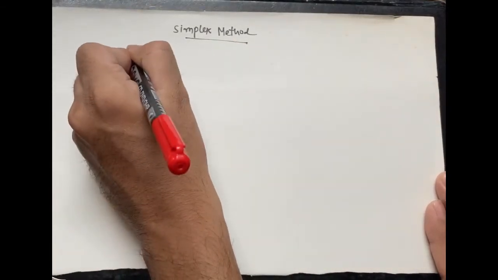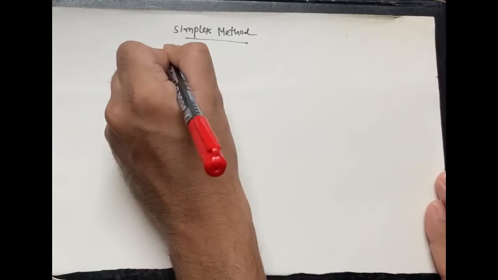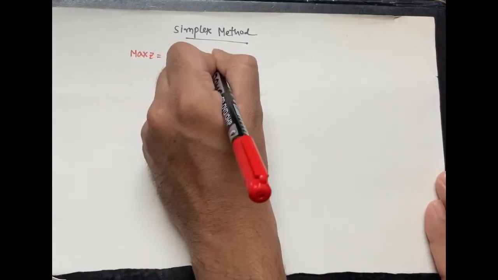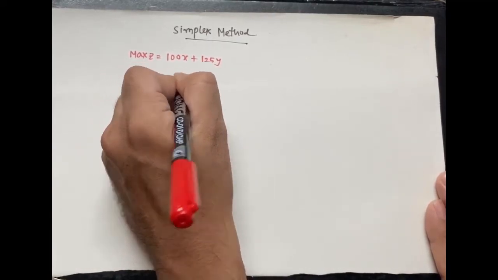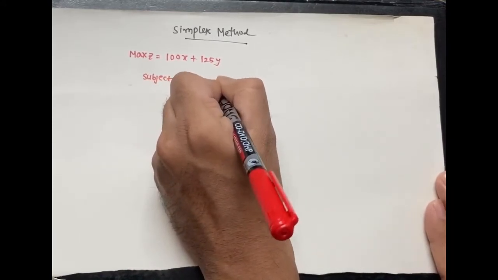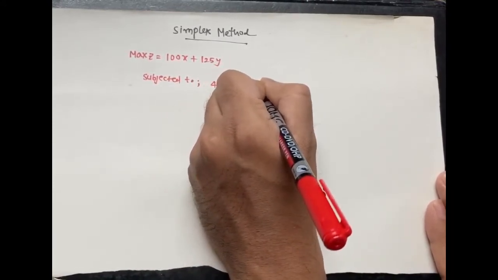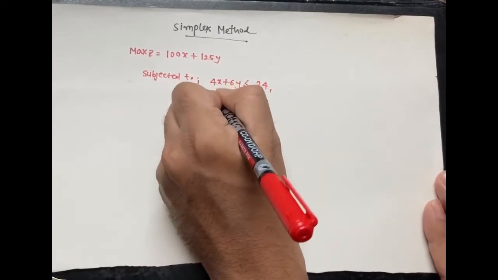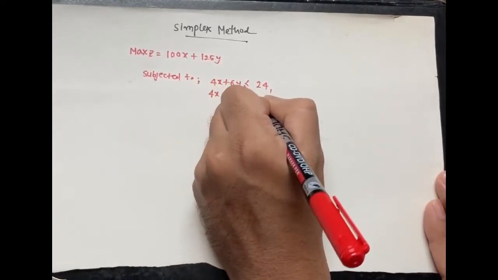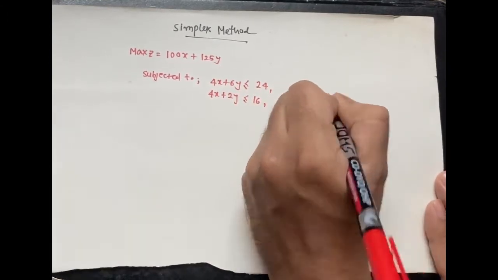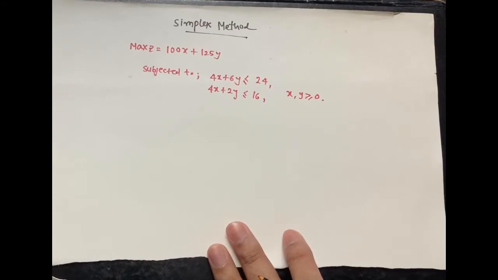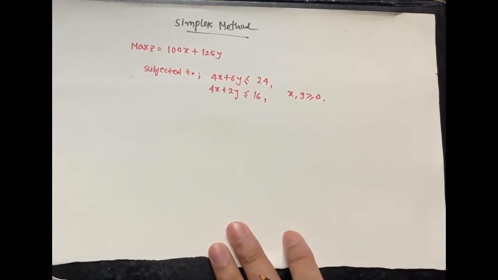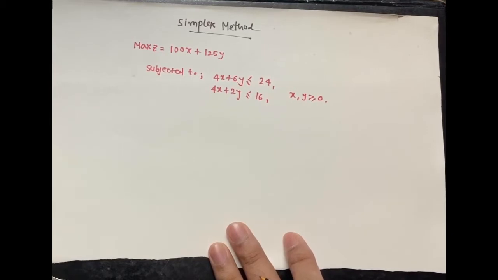The numerical states that it is a maximization function, max z equals 100x plus 125y, subjected to constraint equations 4x plus 6y is less than or equal to 24 and 4x plus 2y is less than or equal to 16, subjected to x and y greater than 0. This numerical I have solved using the graphical method as well, but here I try to solve this using the simplex method. Here I have also taken two variables.